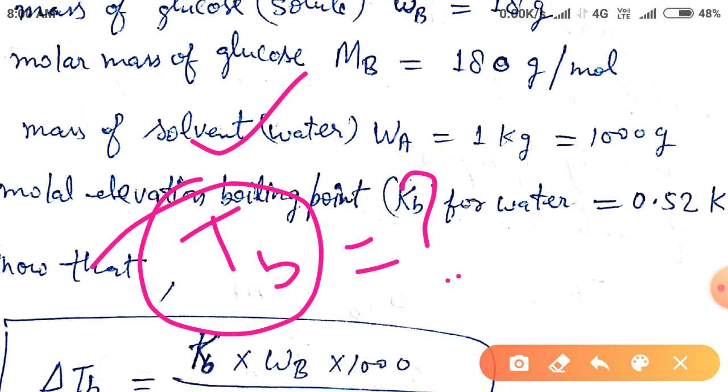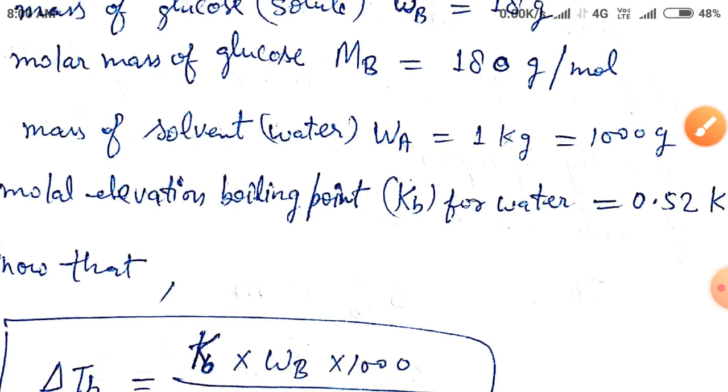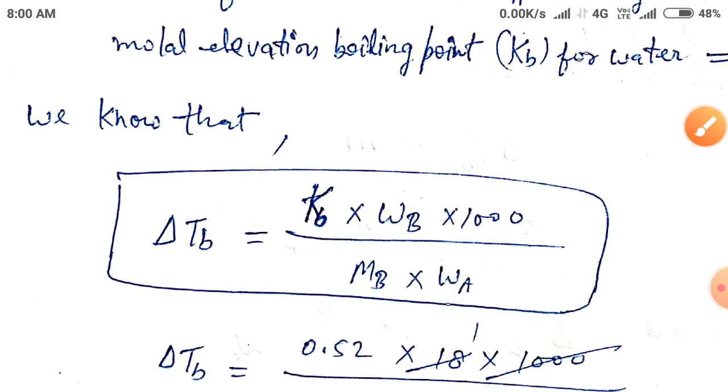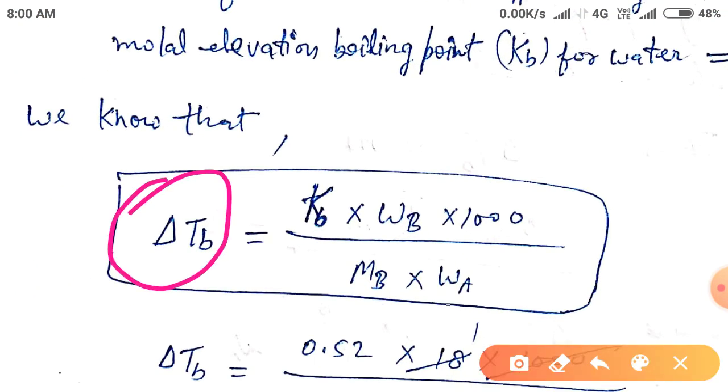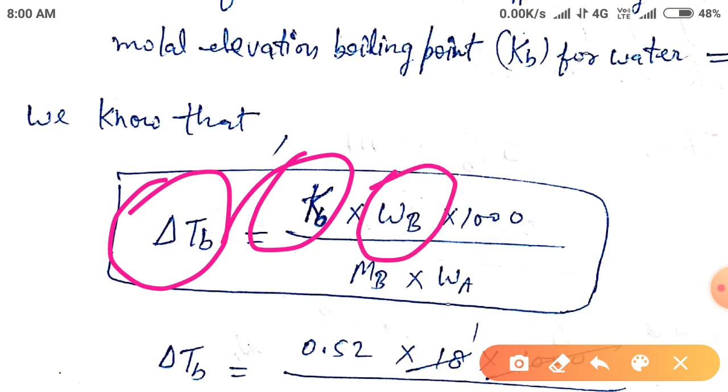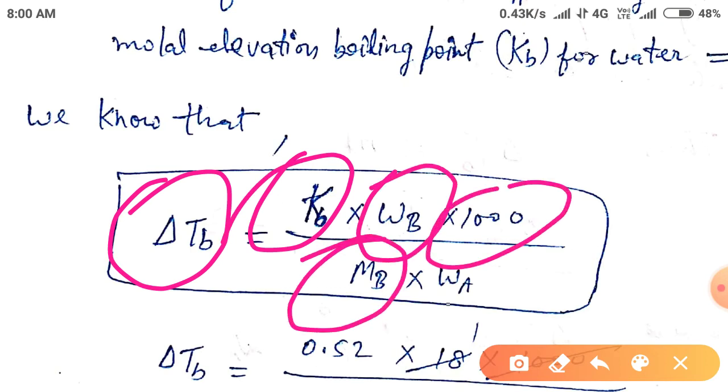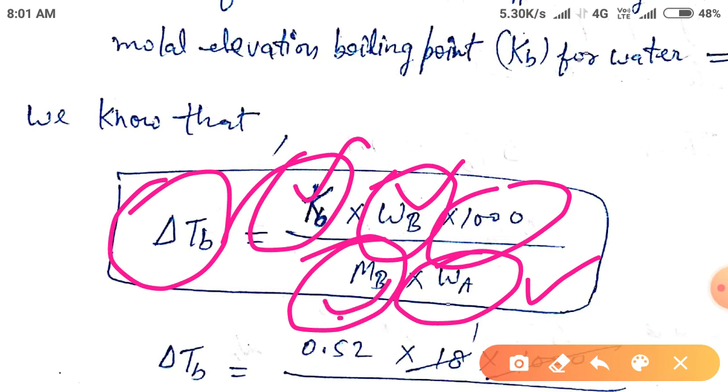Now we know that delta Tb is equal to Kb into Wb into 1000 divided by Mb into Wa. Here Kb is the molar elevation constant, Wb is the mass of solute, Mb is the molar mass of solute, and Wa is the mass of solvent.